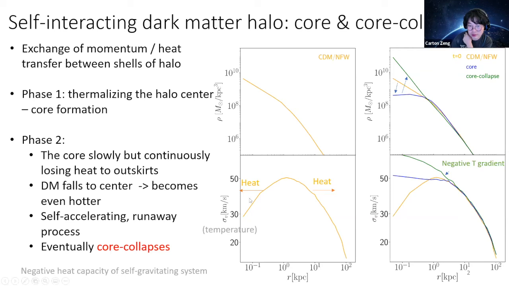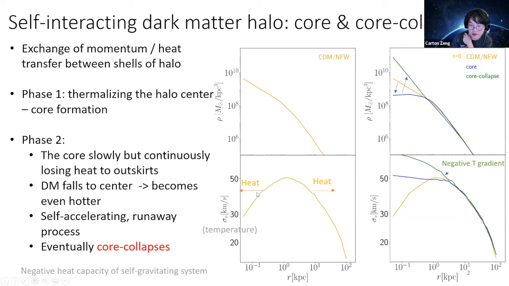For example, if we start from an NFW halo in this orange line, the upper panel being its density profile, and the lower panel being its velocity dispersion profile, or in other words, the temperature profile, if we suddenly turn on the self-interaction, there will be both heat inflow and heat outflow from this temperature peak.